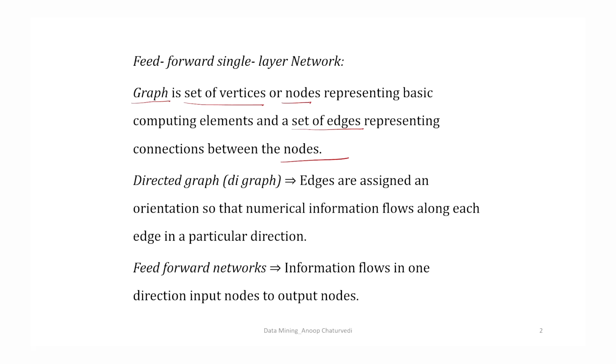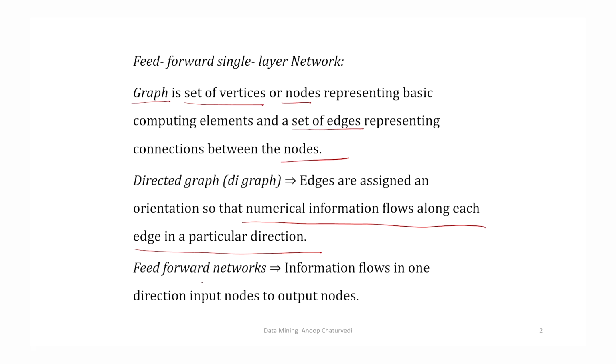Then we have a directed graph or digraph. In a digraph, edges are assigned an orientation. We assign an orientation to the edges, so that numerical information flows along each edge in a particular direction, in the direction of the orientation.